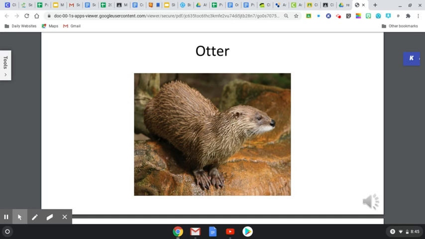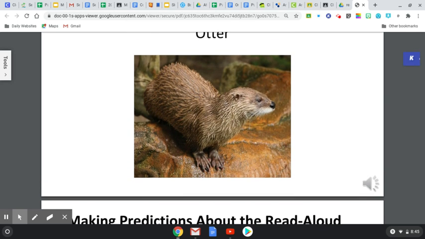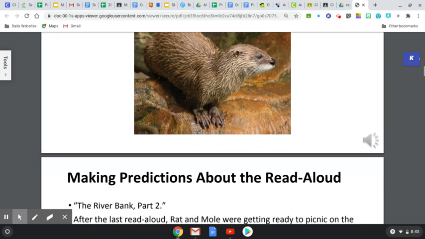They live in burrows they dig into riverbanks. Otters eat fish, shellfish, birds, insects, and frogs. Otters have backbones. Their skeletons are inside their bodies. They're warm-blooded mammals, which is something we're going to talk about in our next unit when we start classifying animals. All right, so they are mammals.